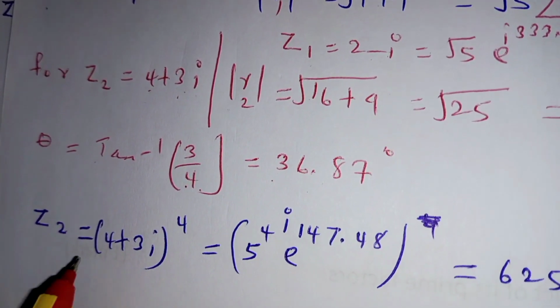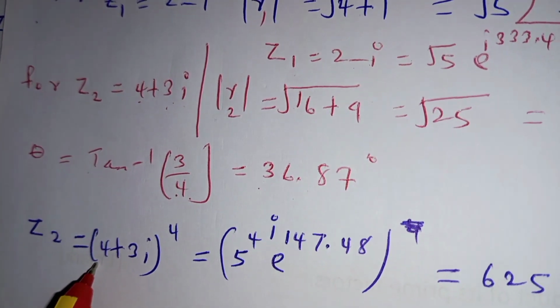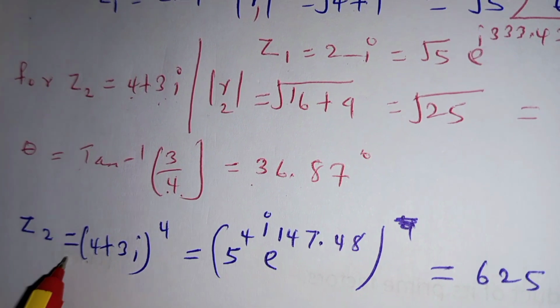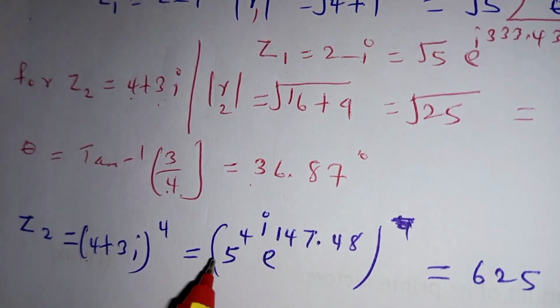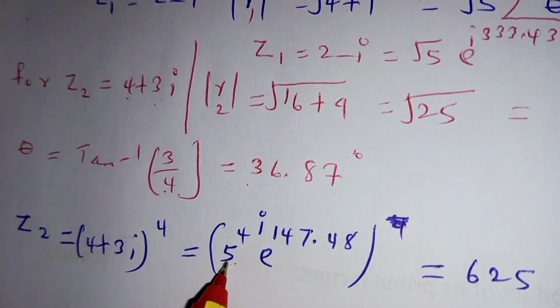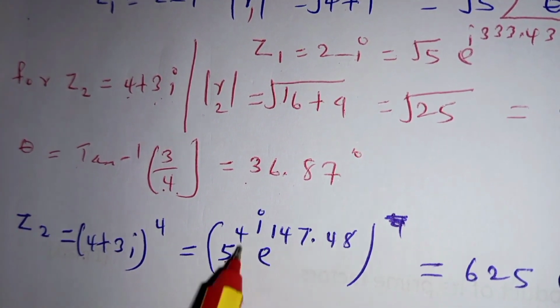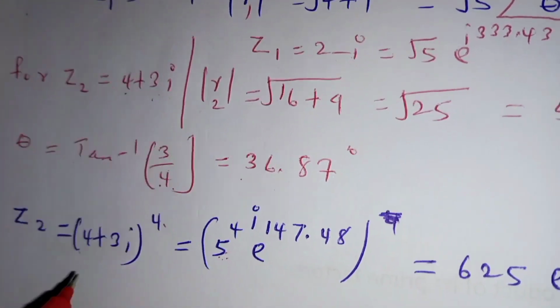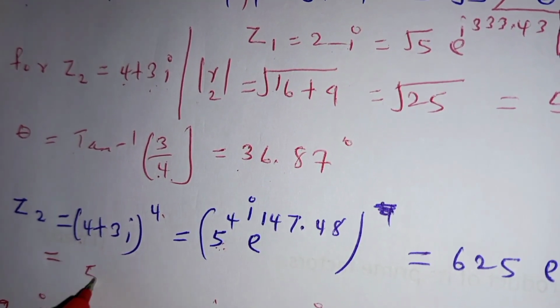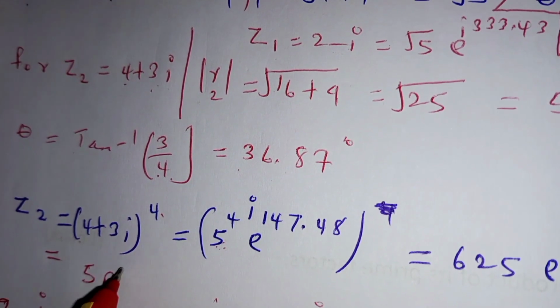Then from there, we come to this part. For our z2, we have found the radius to be 5. So we write 5 exponential i 36.87 power 4, the power which is there.